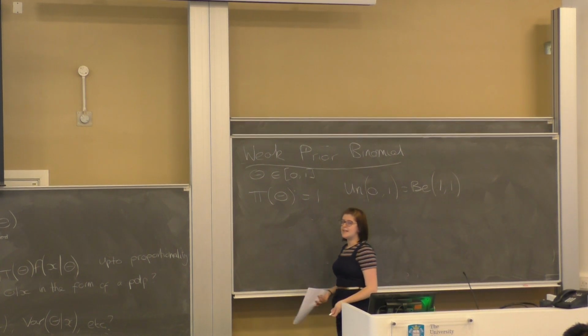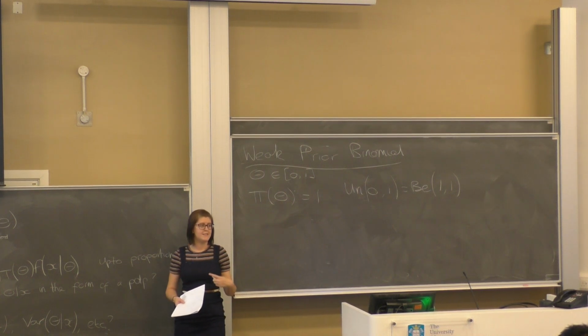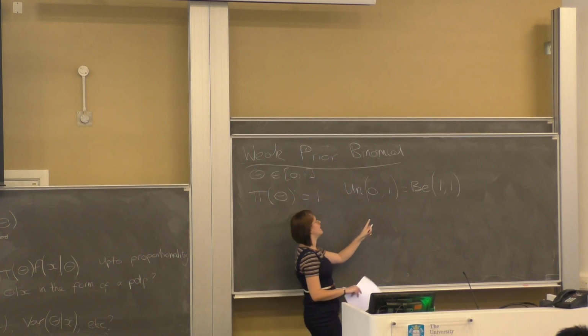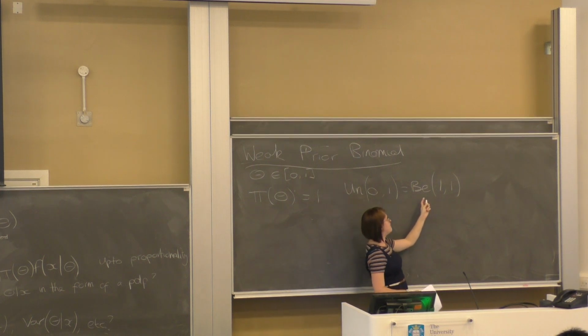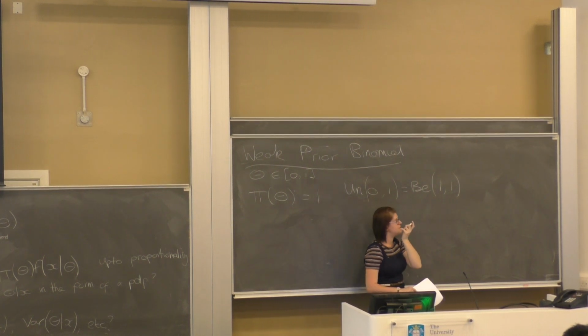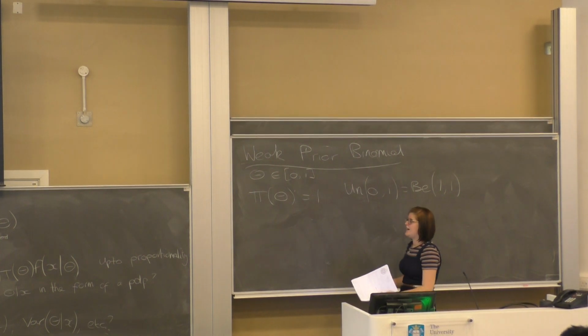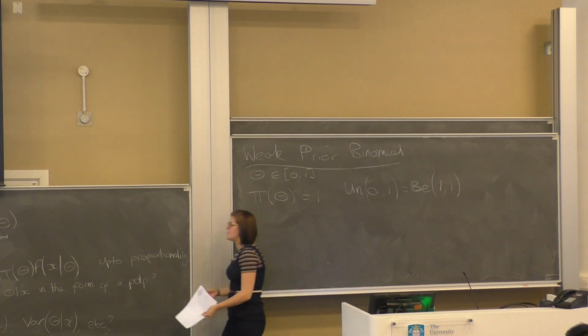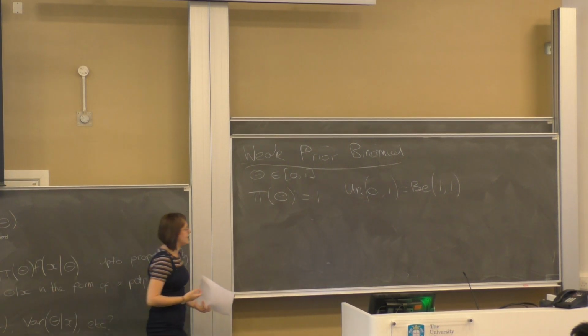So if that's the case, then because beta is conjugate for theta in this binomial data case, we can use this prior that says that we don't know anything about what value theta can be. But because that's equal to a beta distribution, we can still use all of this conjugate information and all of the work that we've already done to work out what the posterior would be in that conjugate case.